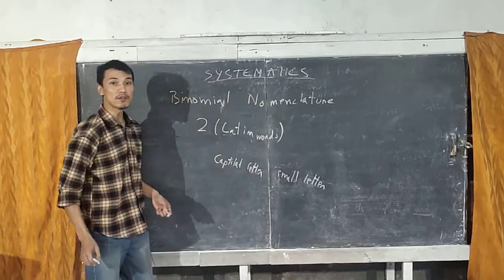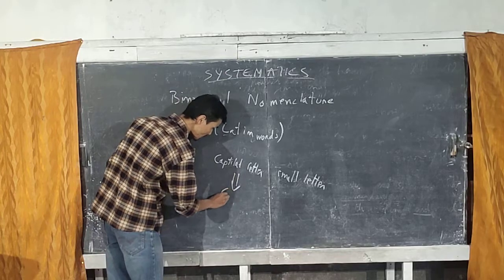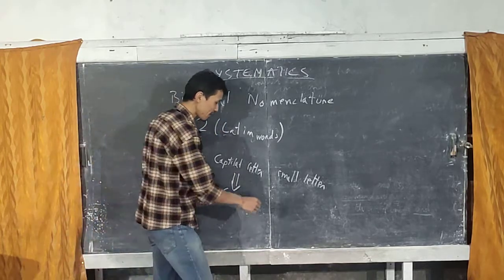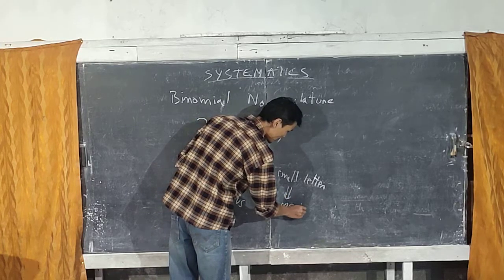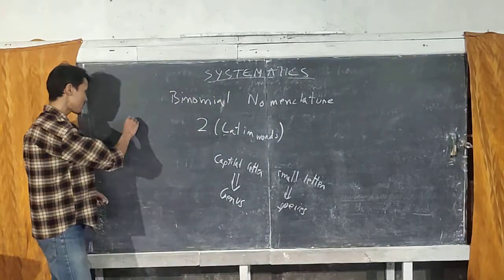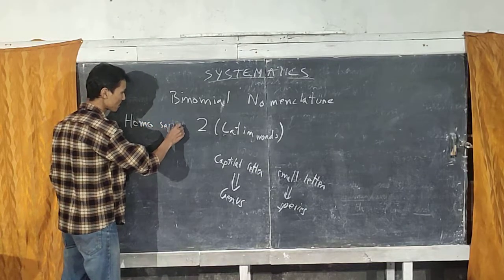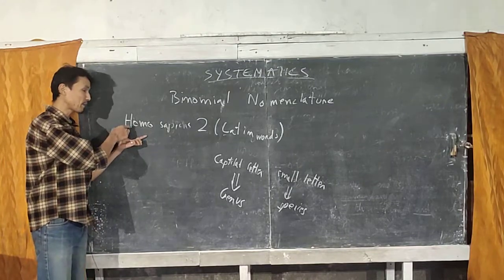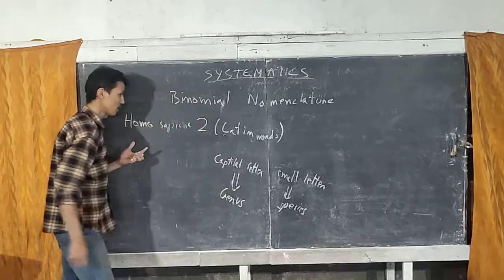Another thing you have to keep in mind is the first word represents the genus and the second word represents the species. For example, for humans, Homo sapiens: Homo is the first word starting with a capital letter, and it belongs to genus.